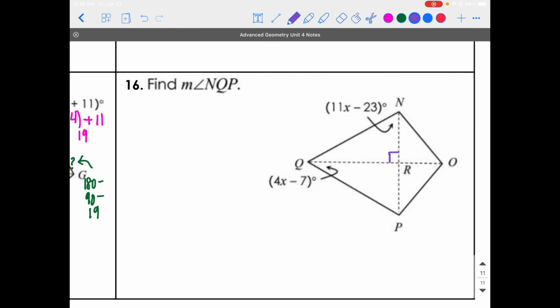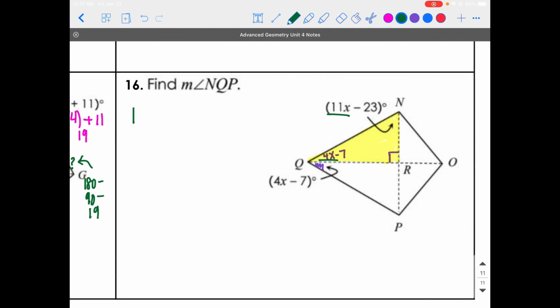All right, number 16, we know this is a 90-degree angle. If this down here is 4x minus 7, this is also 4x minus 7. And then we have this right triangle. In a triangle, all 3 angles measure 180 degrees.